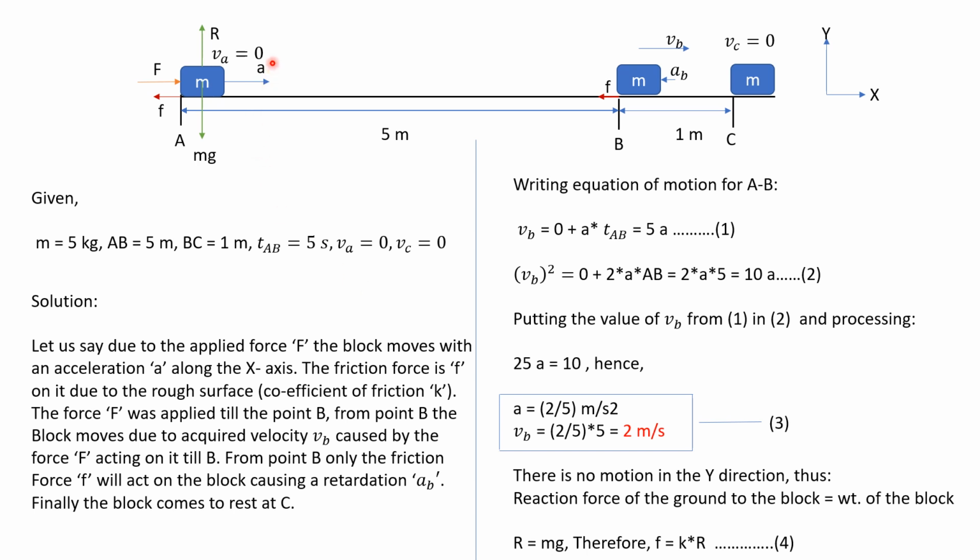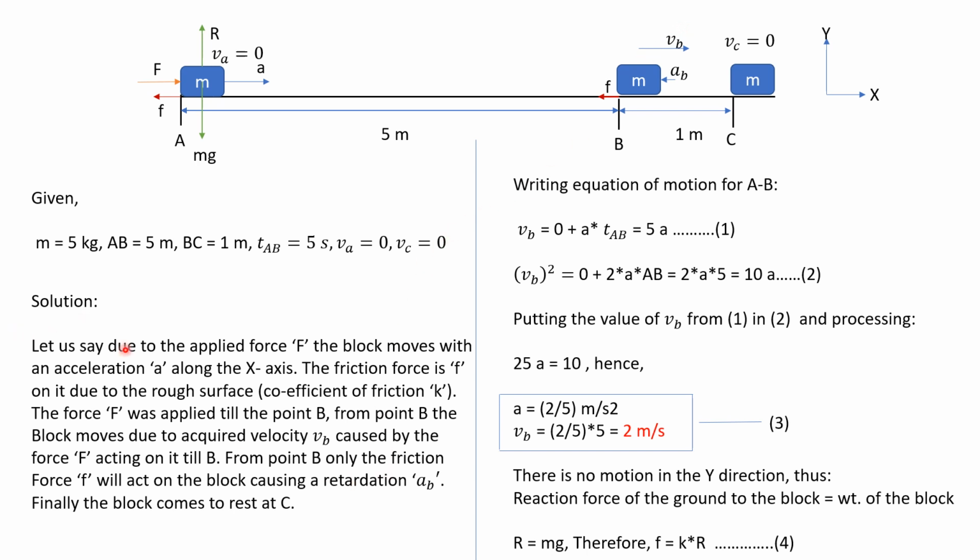The block started from point A, which means V subscript A was 0. The block stopped finally at C, so V subscript C is equal to 0. Let us assume that the velocity of the block when it was at B is V subscript B.